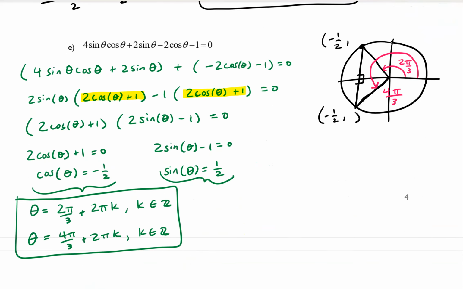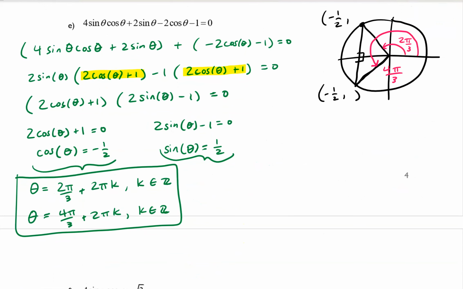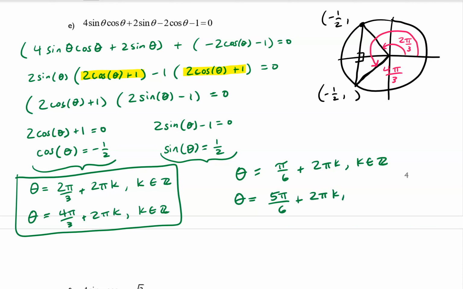So I'm not about doing extra work or more work than I need to, so I'm just going to copy the answers that we got from up above, which was theta equals pi over 6 plus all of its coterminal angles, and the other one was 5 pi over 6 and all of its coterminal angles.